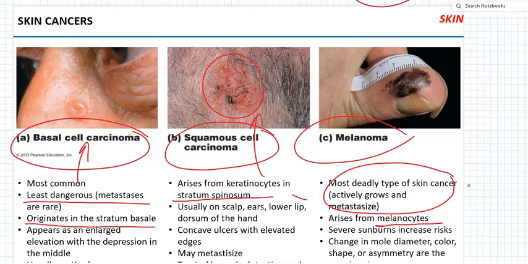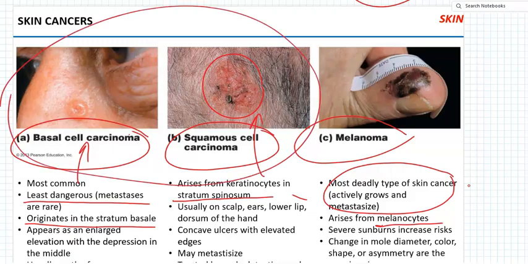Okay? But more and more data suggest now that it is true for these two, but not for melanoma. Melanoma appears to be way more genetically determined. Think about the position. Your face, is it exposed to the UV on a regular basis? It is.